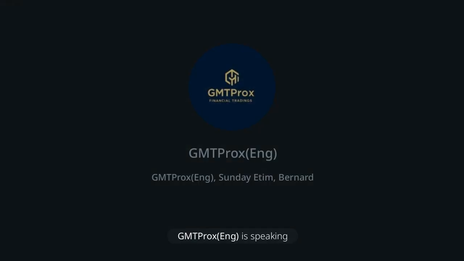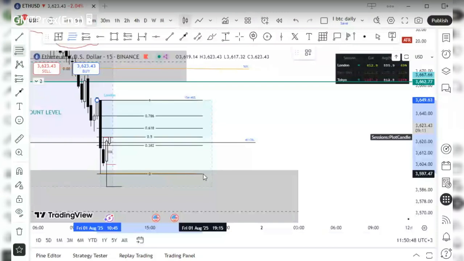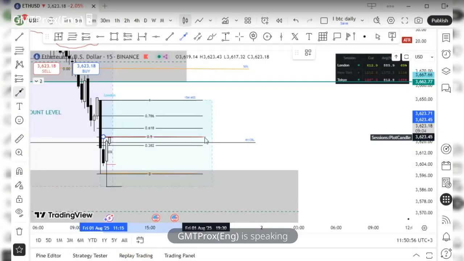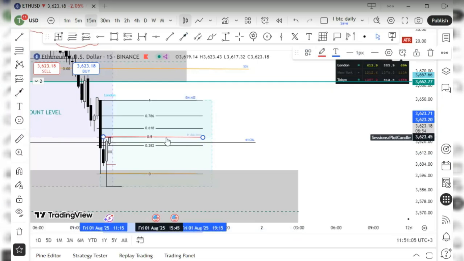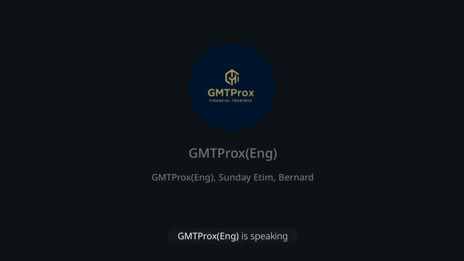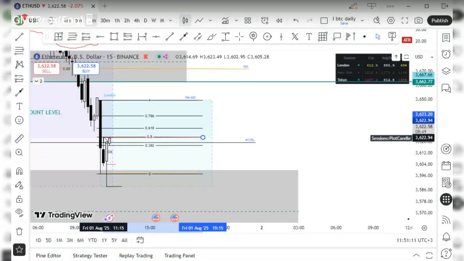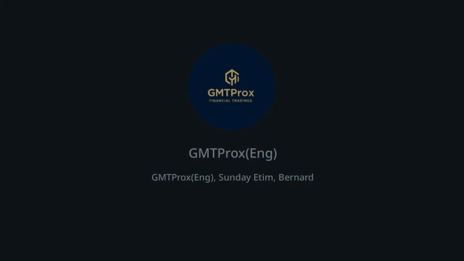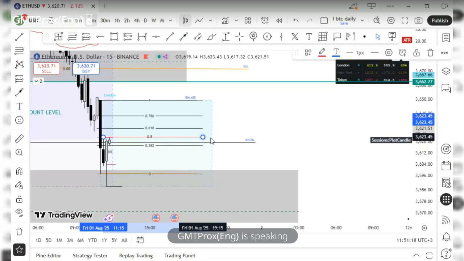And this is our 50%. Our fair value gap should be the one close to our 50%, close to our equilibrium. So I'm going to delete this.